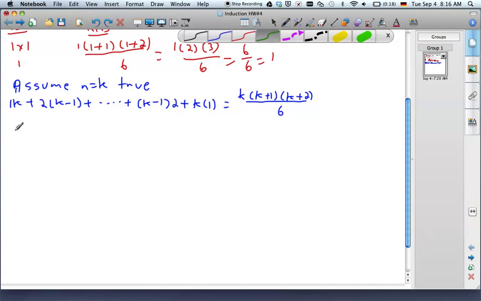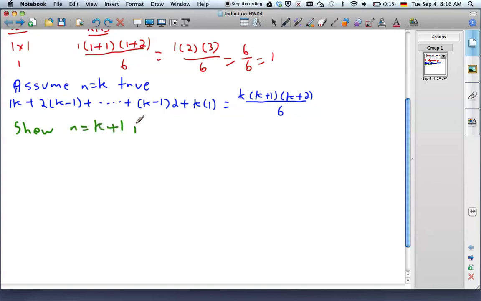Now let's carry on. So we're going to attempt to show n equals k plus 1 is true. Everywhere there was a k, we're going to put a k plus 1. So instead of 1 times k, you have 1 times k plus 1.